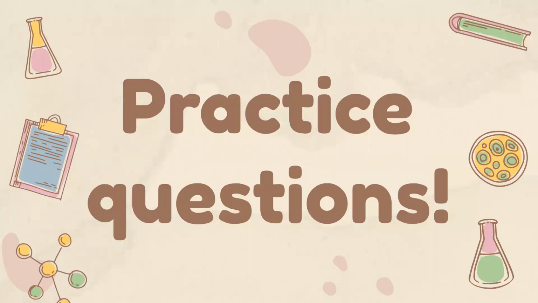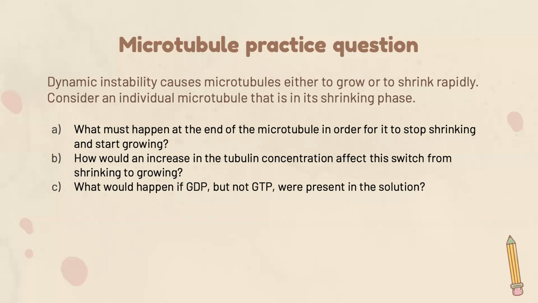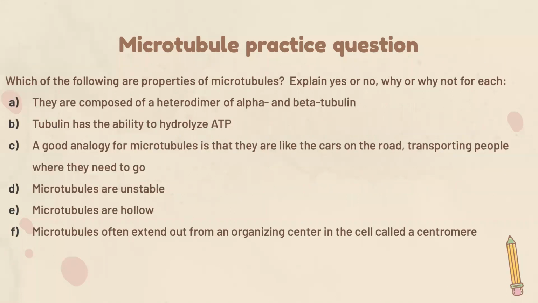All right, now we're going to get into some practice questions. Some of them are more problem set type that you might see on an exam. Some of them are more simple. Our first question, did I skip? Okay, I did skip one.